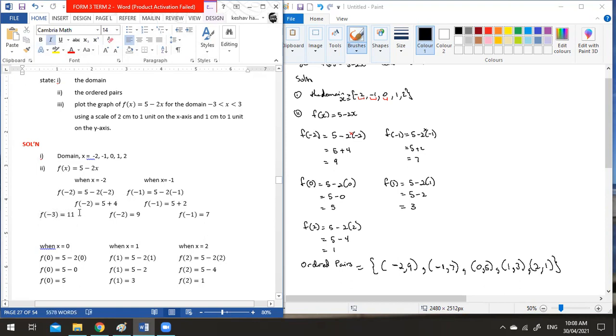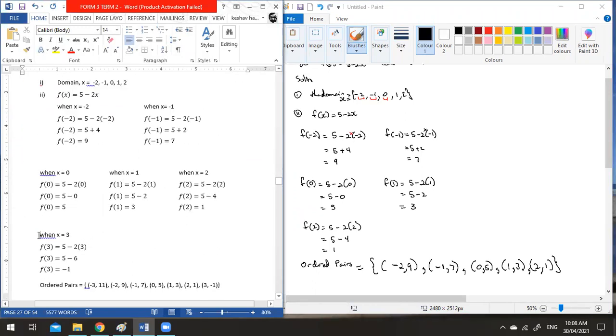That's not supposed to be there. That's not supposed to be there. Can I fix it one time? And this last one is not supposed to be here either.